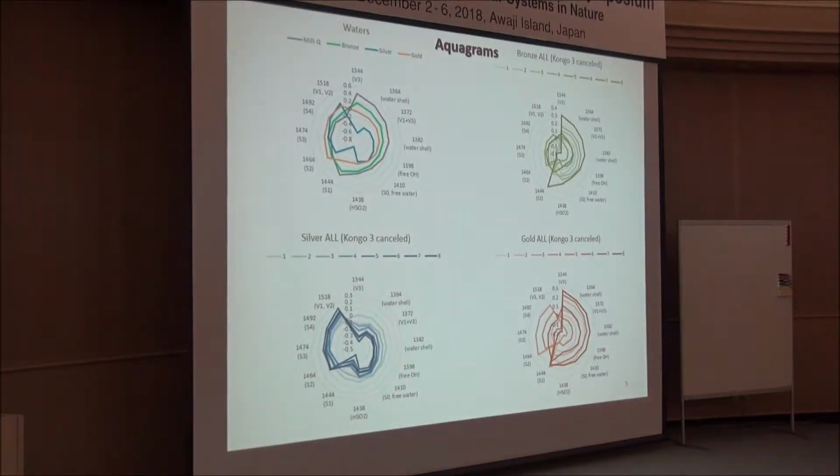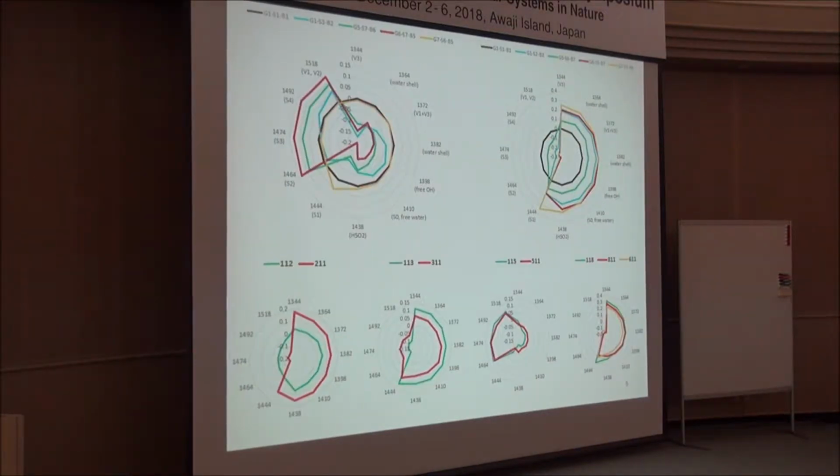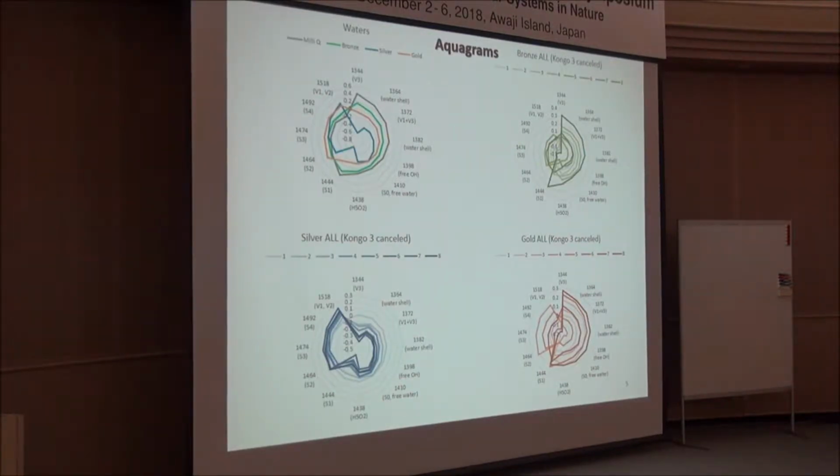On the top left corner, we can see the waters compared with Milli-Q, and on the top right, we have all the bronze water combinations after adding each ratio on top of the other.